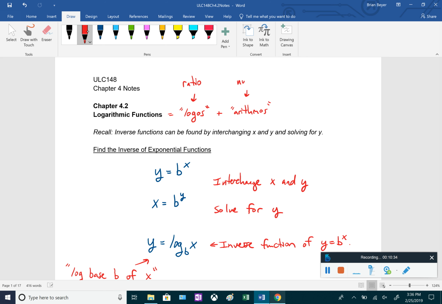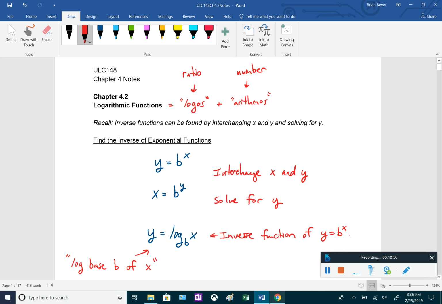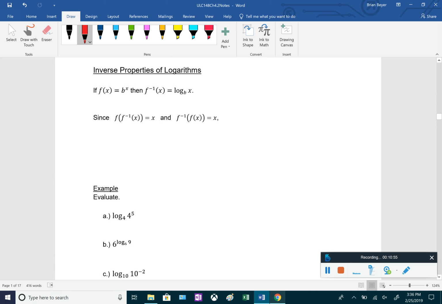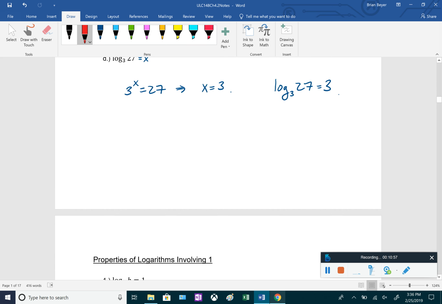Arithmos is number. So it's literally a ratio number. What that's kind of saying is that it is an exponent. It's telling you what the base is being raised to. It's telling us how many times we're multiplying a number by itself. So that's kind of the reasoning for its name. It just came to my head randomly, so I figured I would mention it.